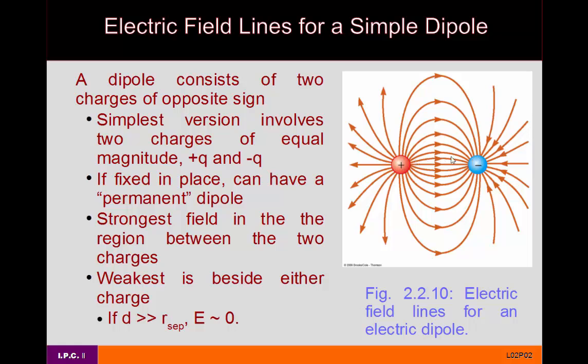Notice that between the 2 charges, you have quite a few field lines per unit length, or per unit area. And in fact, if we could do this in 3D, it would be per unit volume.